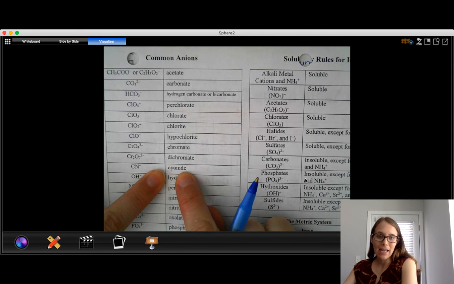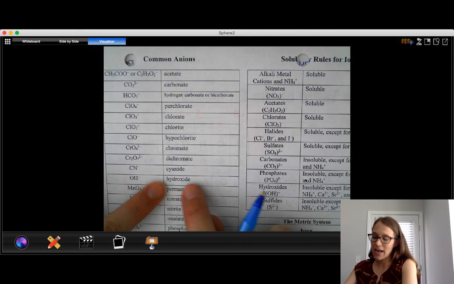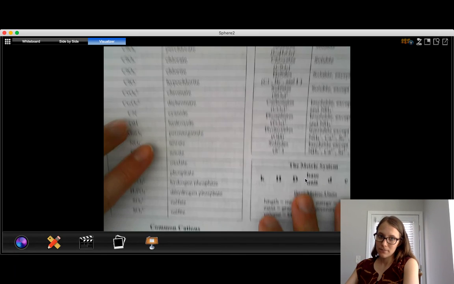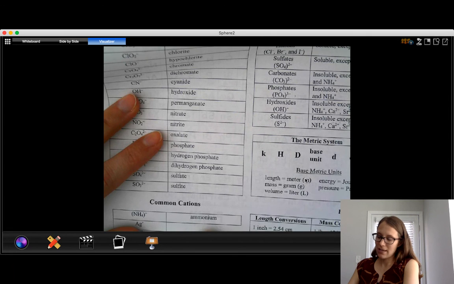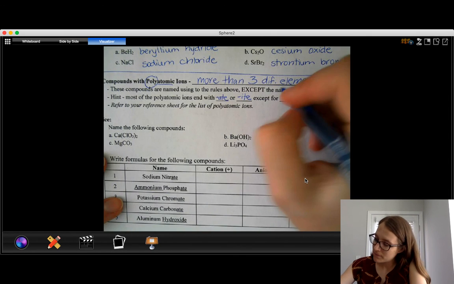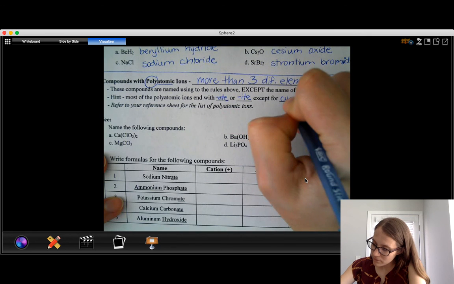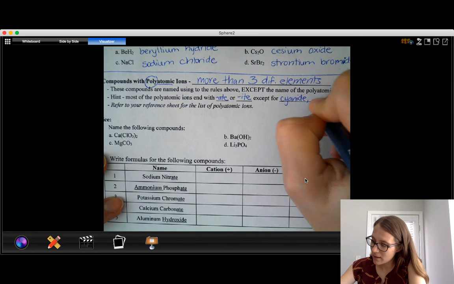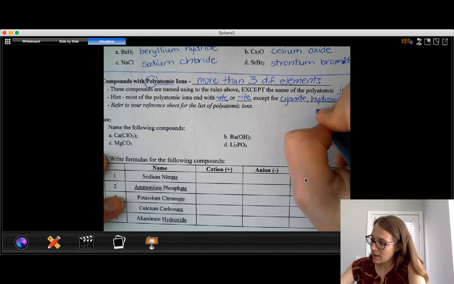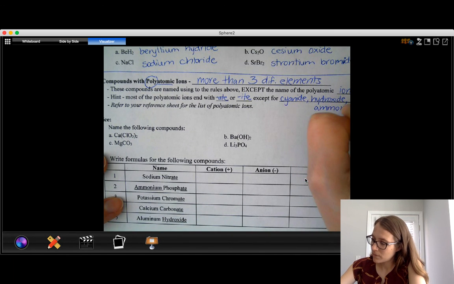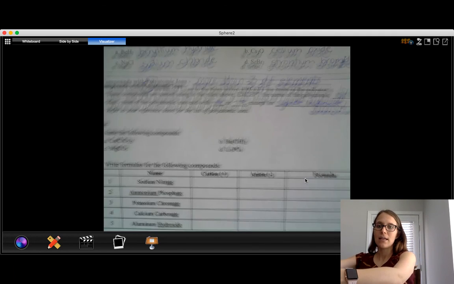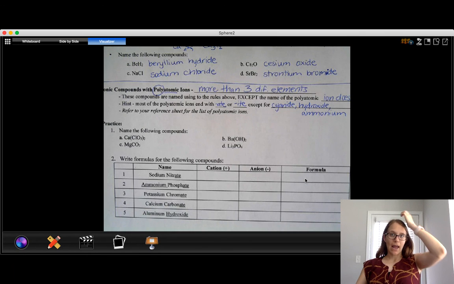Cyanide has the ide ending, hydroxide has the ide ending, and one that doesn't fit any pattern is ammonium at the bottom here. So cyanide, hydroxide, and ammonium are our 3 examples of polyatomic ions that don't end with ate or ite.